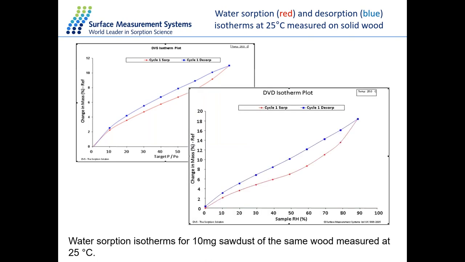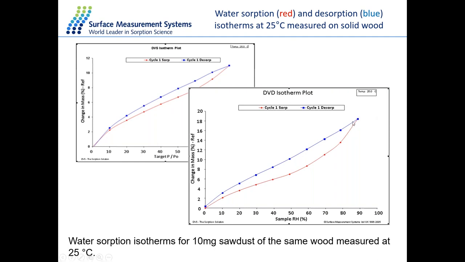If we take the same sample, but in this case we ground it, so in sawdust, and we only put 10 milligrams of this sample, we can see that the isotherm plot is different. The gap of hysteresis is bigger, but also the percentage mass change is significantly higher.